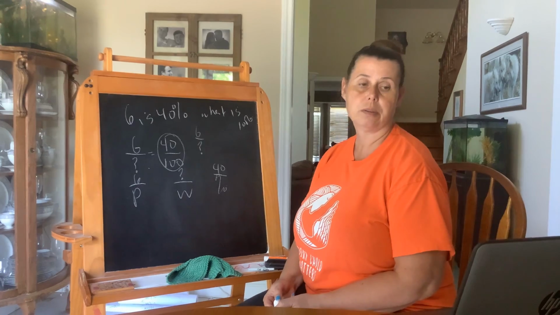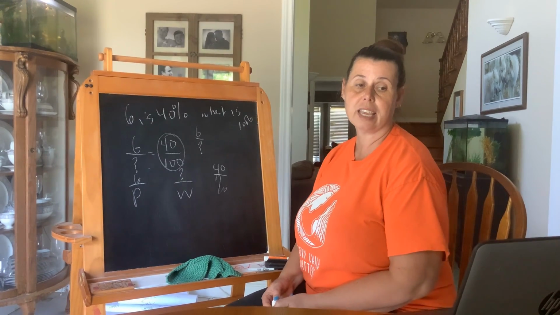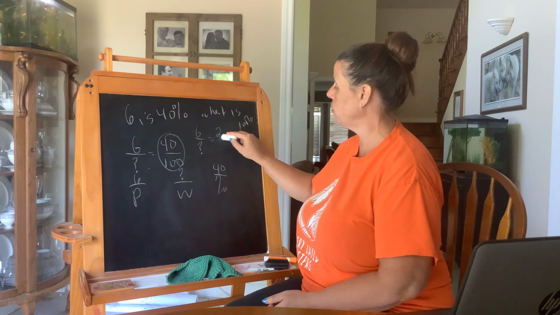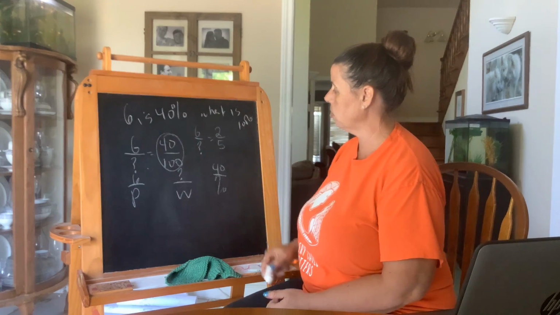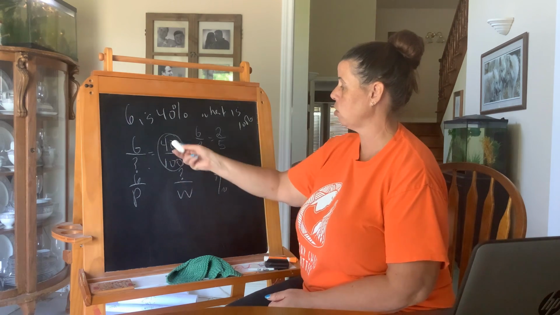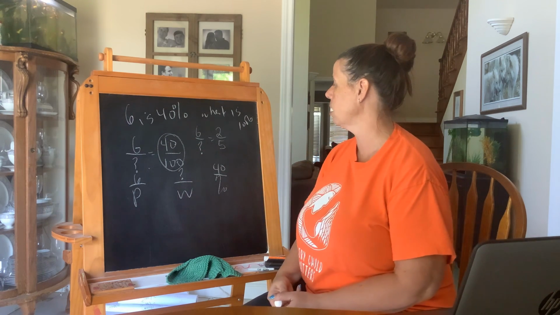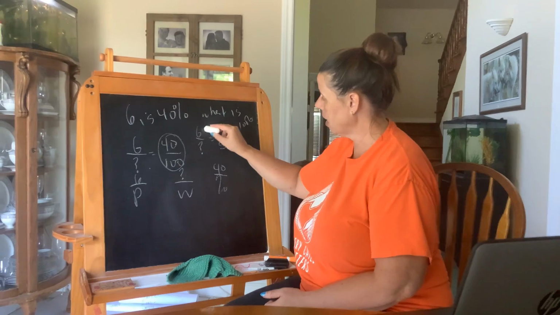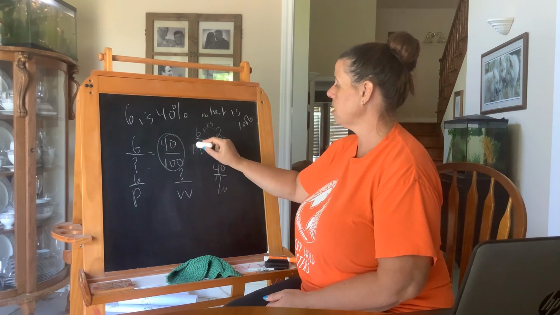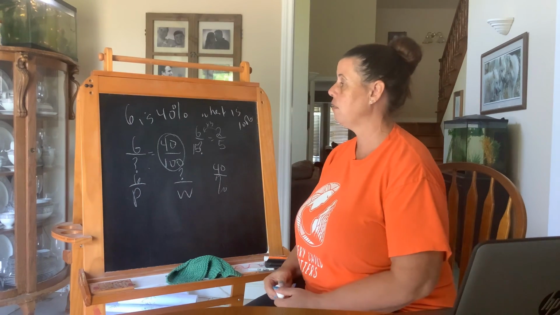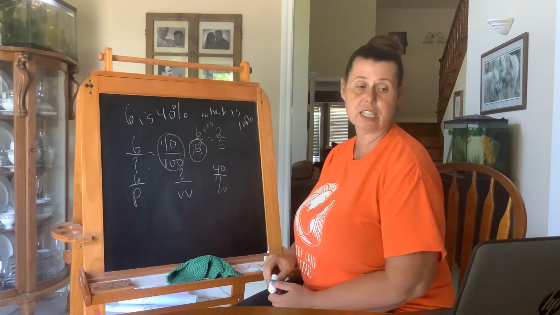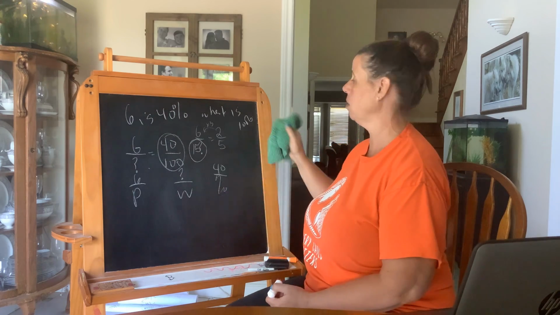The hint they gave us was that they made it 2/5. So that means that they divided both of those by 20, because 2 20s is 40 and 5 20s is 100. Now, can I get from 2 to 6? Yep, times 3. So that means that bottom number has to be 15. What is 100%? 15.